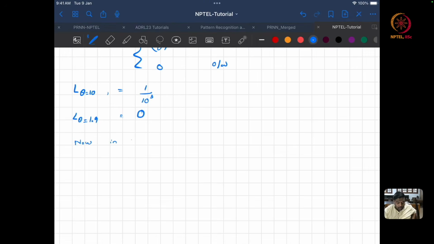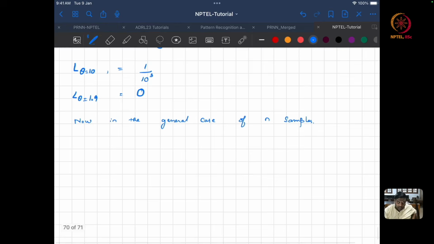Now in the general case of n samples, it's the same. Now L(theta) equals the product of all of them.